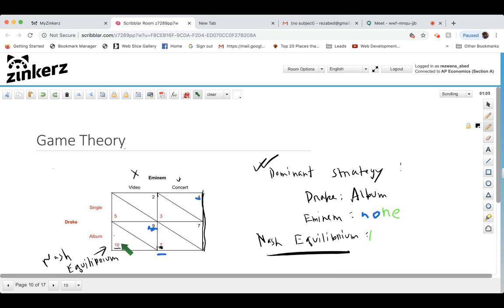If we're saying that this is the Nash equilibrium and this is the best action for both players depending on what the other player is doing, the reason we know is because moving away from this cell would actually lower their benefit.